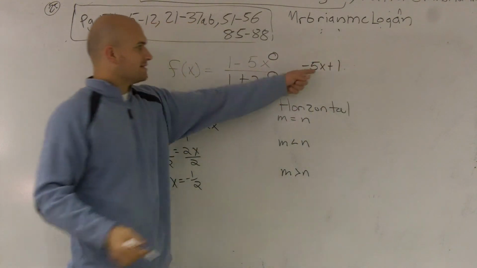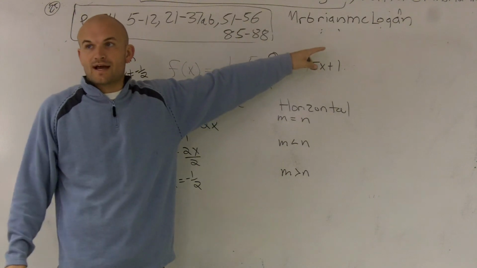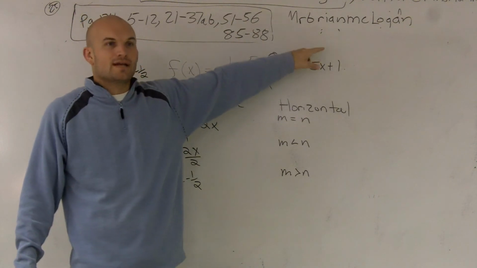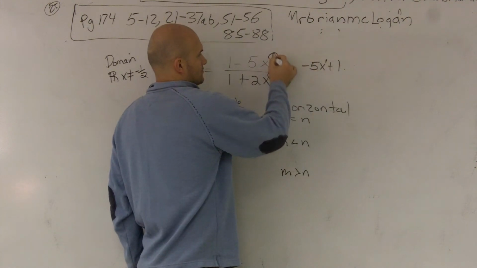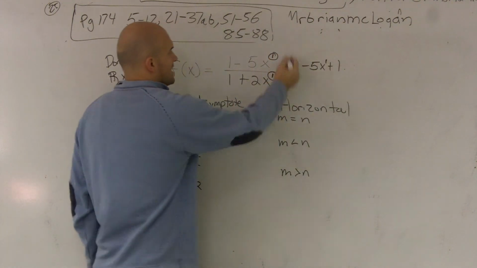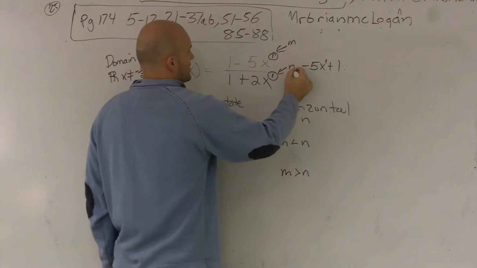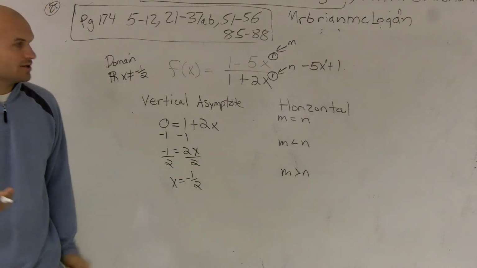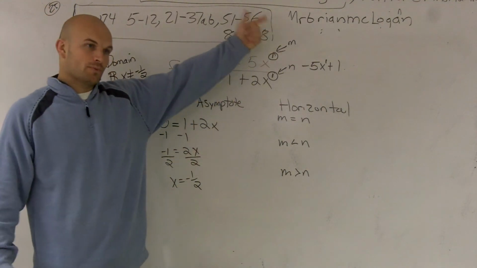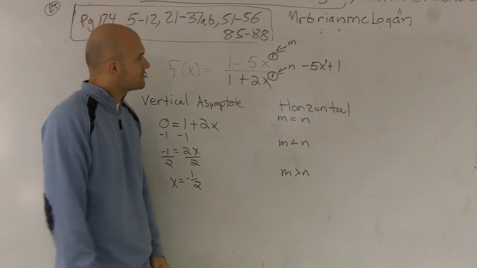If I rearrange this, x is the highest degree, so what is the degree of my x? It's 1, right? In the rules, we call the top degree m and the bottom degree n. So you just look at the degrees of your two polynomials.